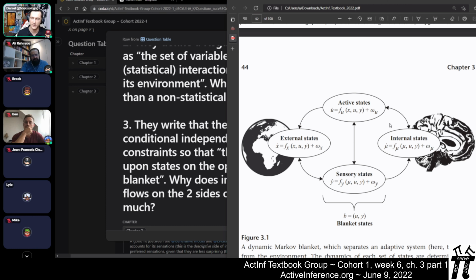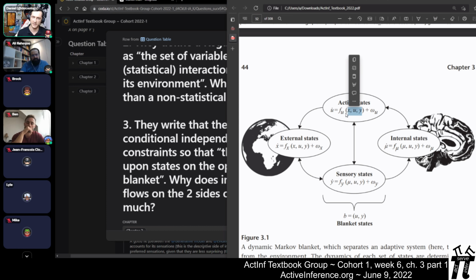It's kind of like ipso in Latin, it's the flow on mu and the noise on mu. The flow, which is what the principle of least action converges us towards in the limit when the statistical fluctuations from the omega are low, is a function of certain variables. And so this is saying the flow of active states is a function of external, sensory, and active states.